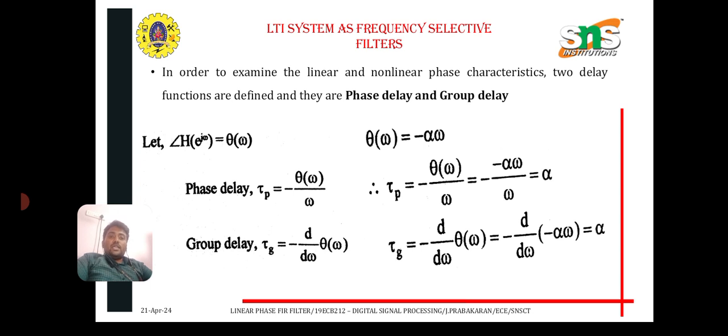Group delay is represented as tau g equal to minus d by d omega of theta of omega. For a linear phase FIR symmetric filter, both group delay and phase delay are constant.